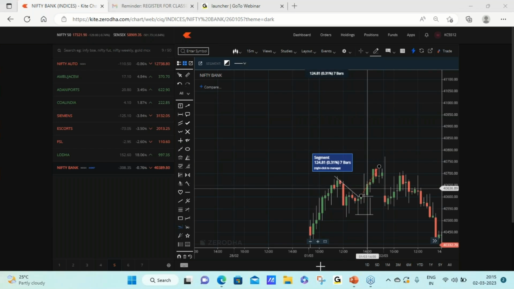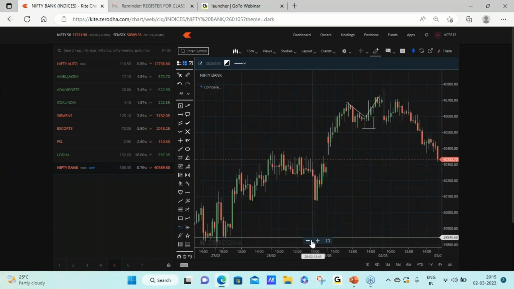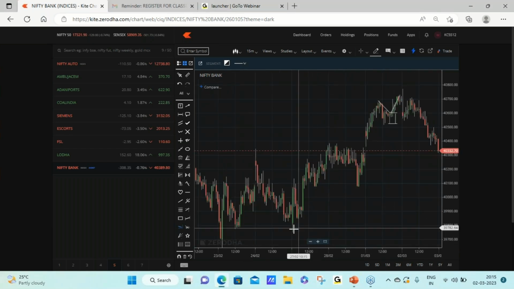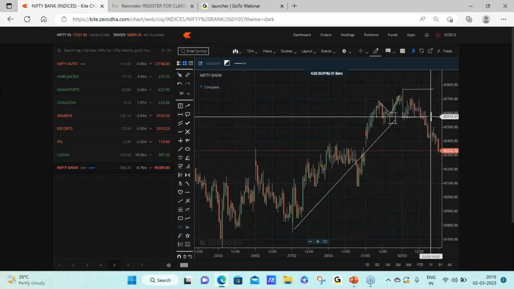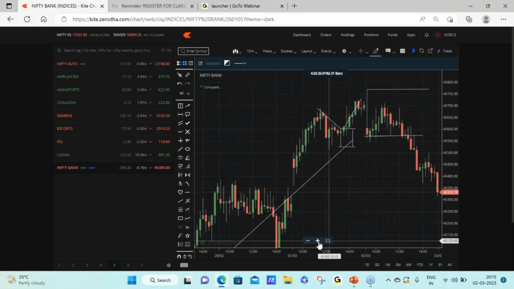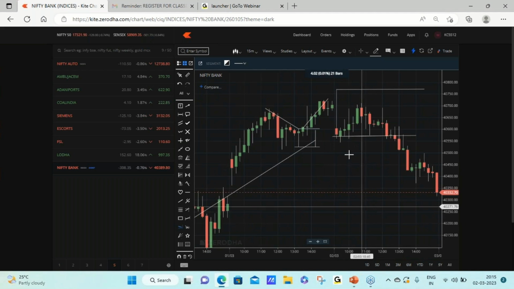Yes, no, yes. So when you zoom out, don't you think you have a beautiful bullish trend here, and this first candle of today is acting as an inverted hammer? Inverted hammer here.